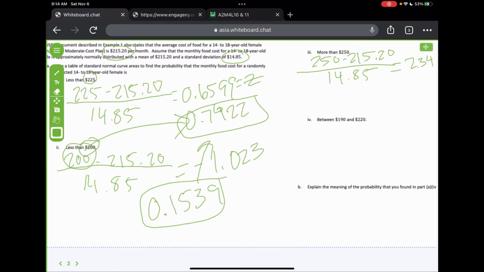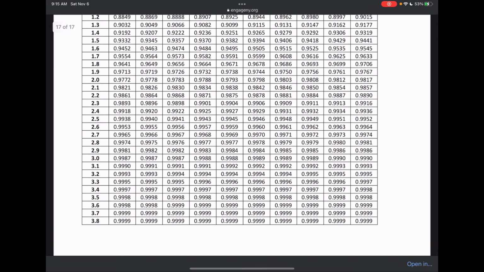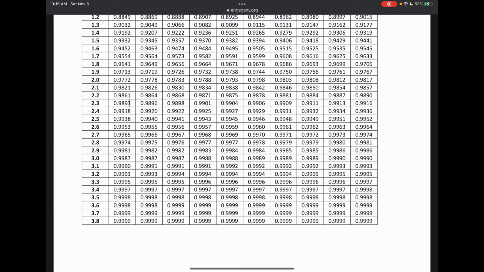So if you've got a z-score, which is kind of your standard deviation, how far away that is from the mean, there can't be that many values under this normal curve, because you're past 2 standard deviations. So let's find 2.34. 2.3 is here, and then that's 0, 1, 2, 3, 4.